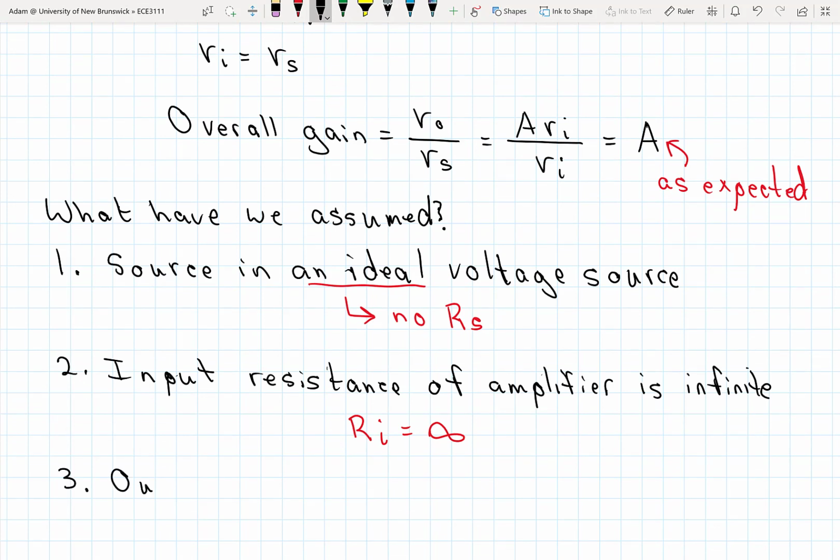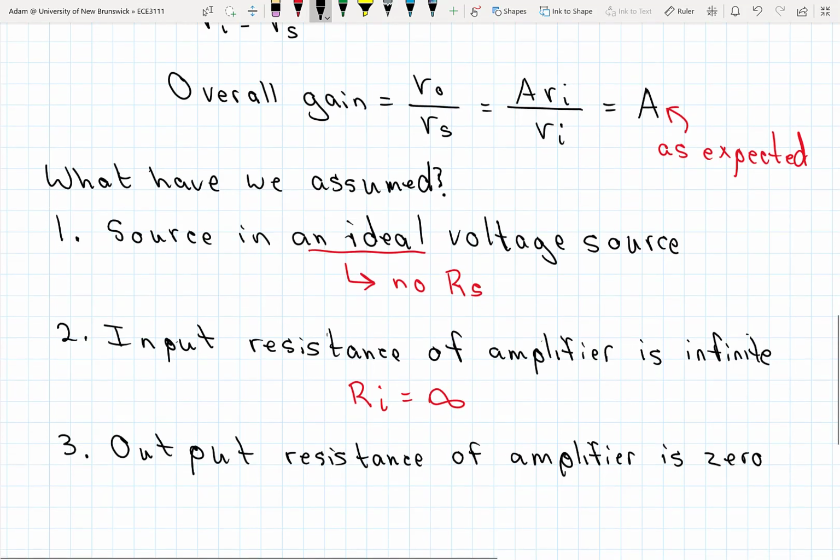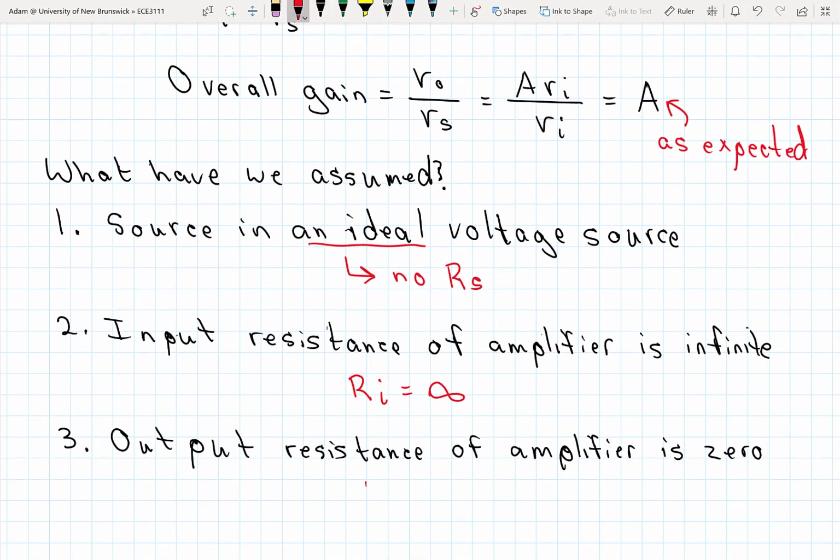And we've also made an assumption that the output resistance of the amplifier is 0. Okay, so we've assumed that R_O is 0.